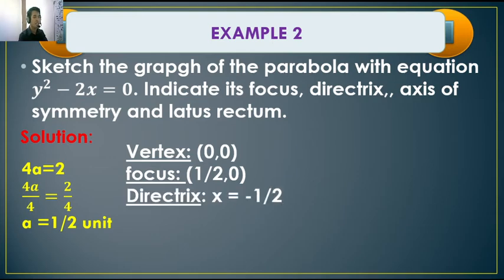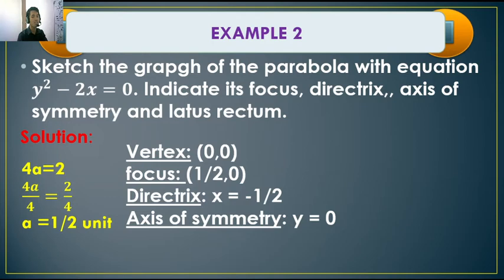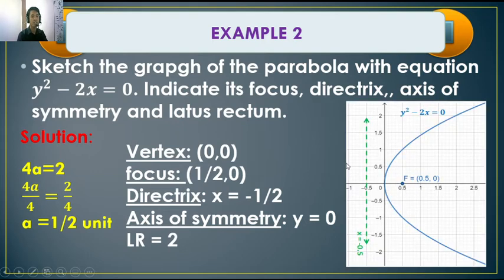And the directrix is on the other side of the vertex, also 1/2 unit away from it. So we have x is equal to negative 1/2. And the axis of symmetry is y is equal to 0. To graph that here, our latus rectum is 2 units.